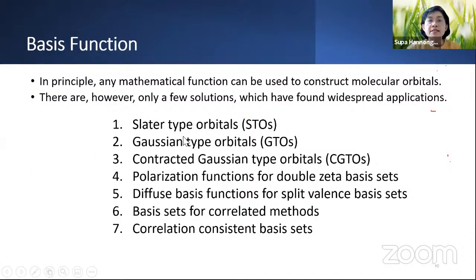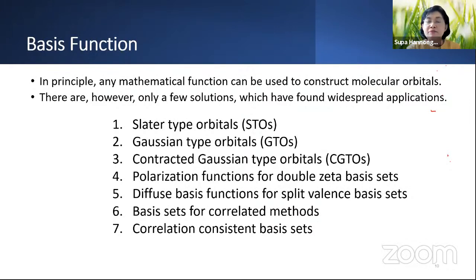The first one is the Slater type orbital, or STO. I need to ask you to remember this technical term a little bit, because the lecturer will call it many times after we learn about Hartree-Fock, DFT, and semi-empirical methods. So we learn about Slater type orbitals, which is the very classic one, very simple one.